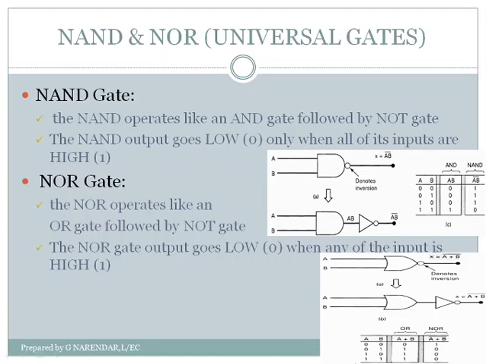So the output of NOR gate, we can say that it is 1 or goes high when the inputs A equal to 0 and B equal to 0.